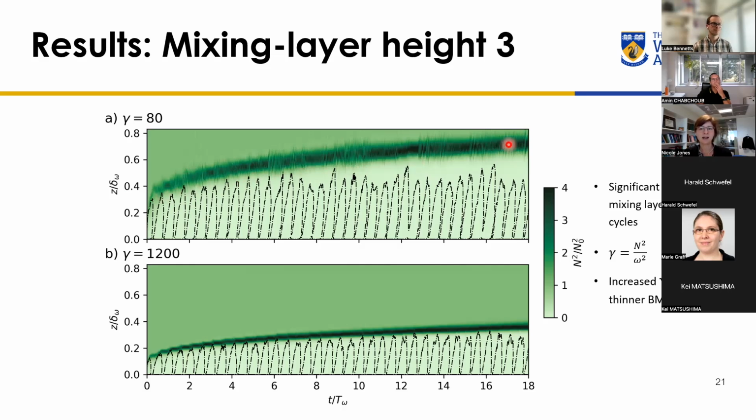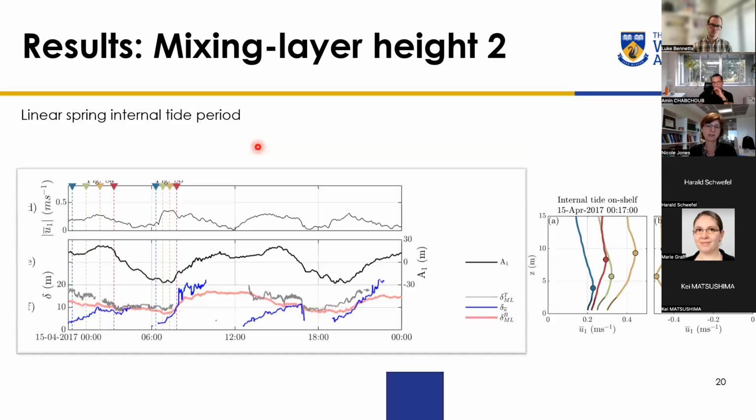And the black line is showing you the turbulent kinetic energy. And we can see that for different forcing and stratification, we have a different response, both in terms of the height of the mixing layer, but also the strength of the pycnocline. So we see these variations that are occurring.